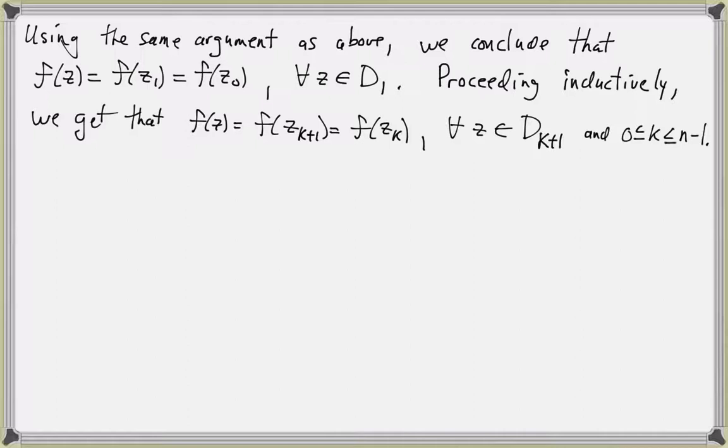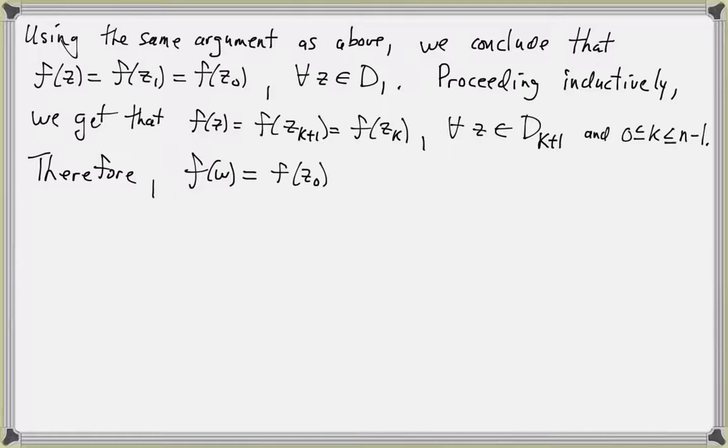So putting this all together, we can conclude that f of w, which was f of z sub n, would also equal f of z0.